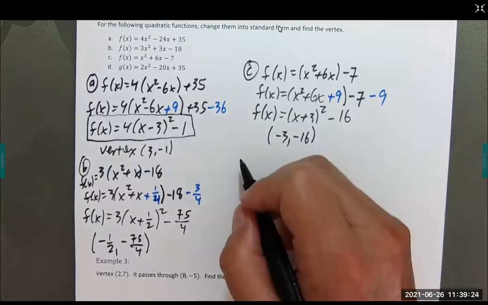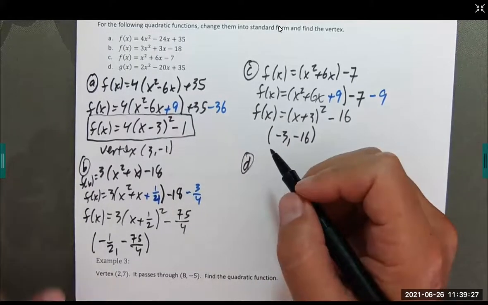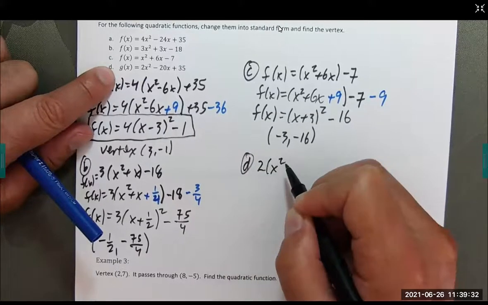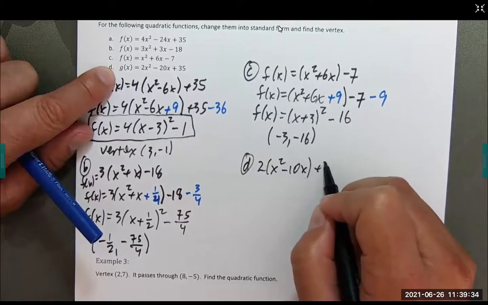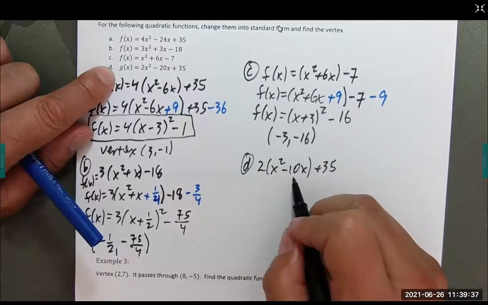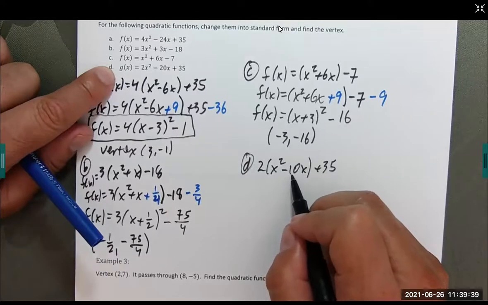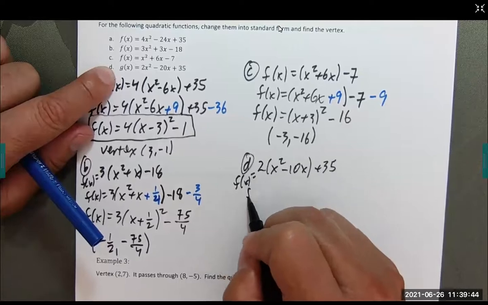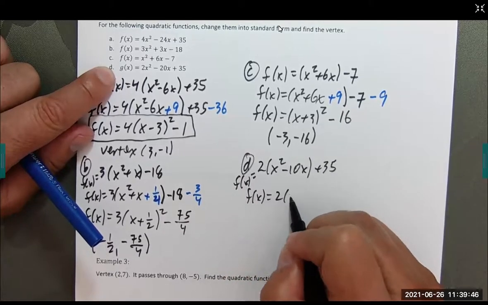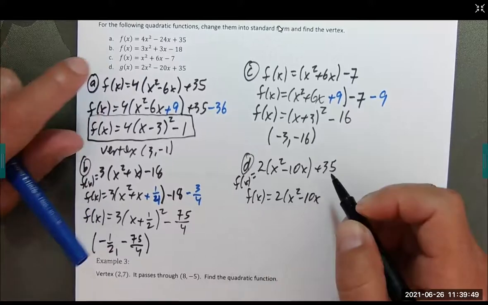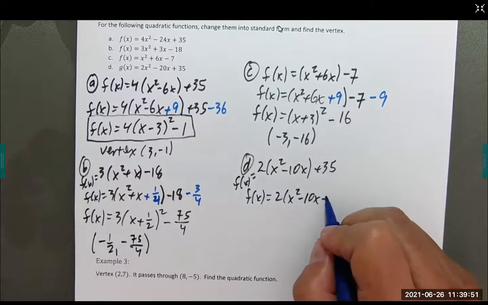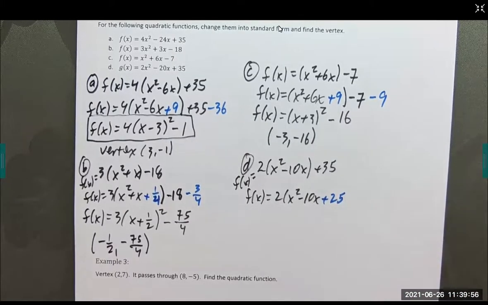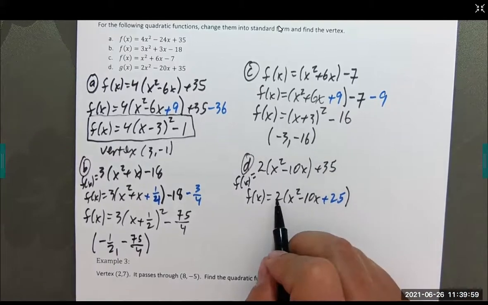Part D is here. g(x), so I'm going to factor the 2 out. Take the 10, cut it in half. That's 5. 5 squared is 25. And in reality, I have actually added a 50, 2 times 25.